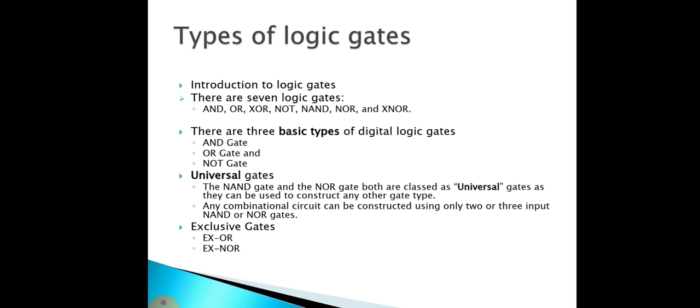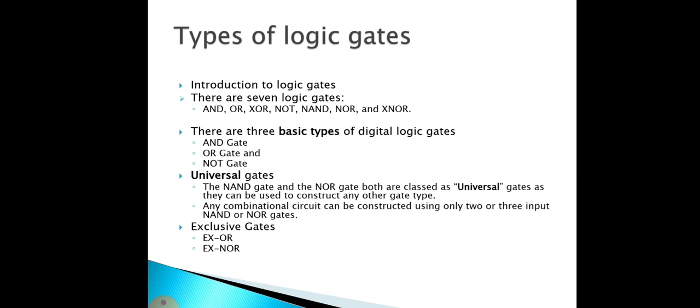To solve or simplify the logic expression used in digital circuits, we need to use logical operators. There are three main types of logical operators. First one is NOT operator, second one AND operator, and third one OR operator. In the NOT operator, the NOT operation represents a process of logical inversion called complementing. This operation changes one logic level to the opposite logic level.